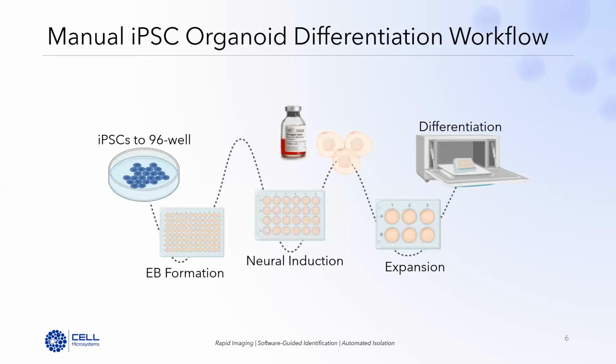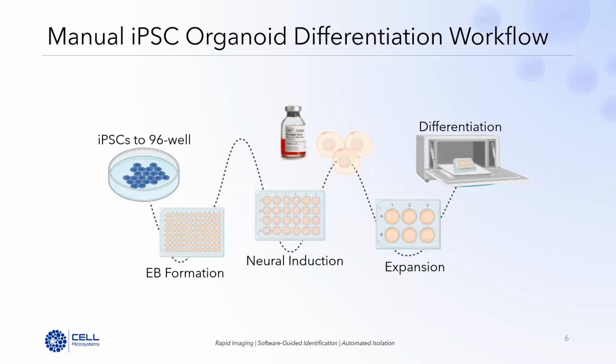There we go. Okay, so in today's webinar, much of what I'll be focusing on are neural organoid differentiation workflows. However, this schematic represents what a lot of 3D iPSC differentiation workflows look like in terms of having similar, very highly technical manual procedures.